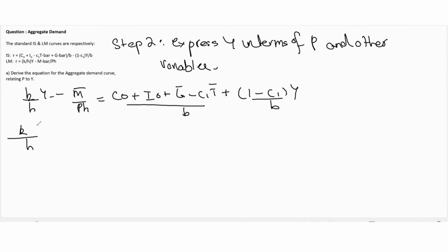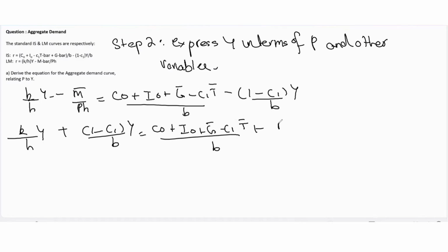Sorry, this was minus, not plus. So this becomes k by h Y plus (1 minus C1) by b Y, and we collect all the other terms on the other side: (C naught plus I naught plus G bar minus C1 T bar) divided by b plus M bar by P h.